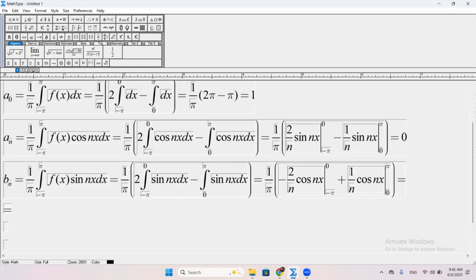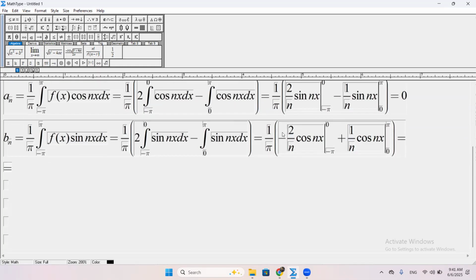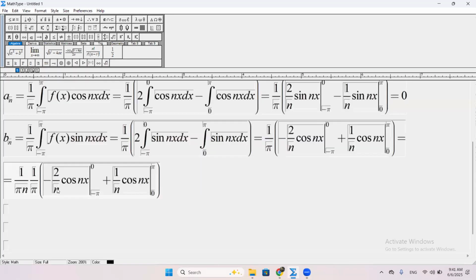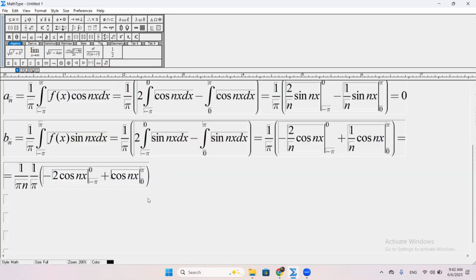Okay, and now let's calculate. So 1 over p, and let me move n out of brackets. So minus 2 here, just 1 here.